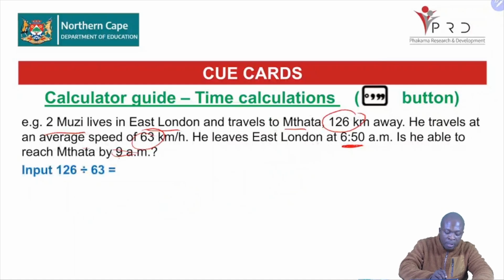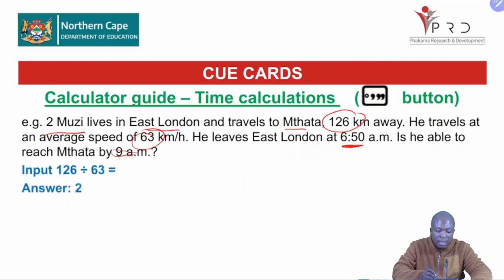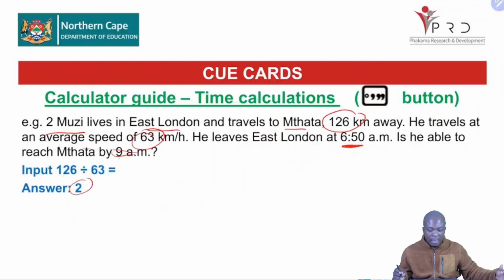Take your calculator, press 126 divided by 63 kilometers per hour. It means it's 2 hours. Good. That's the distance from East London to Mthatha. That is going to be 2 hours because he's only driving at 63 kilometers per hour.